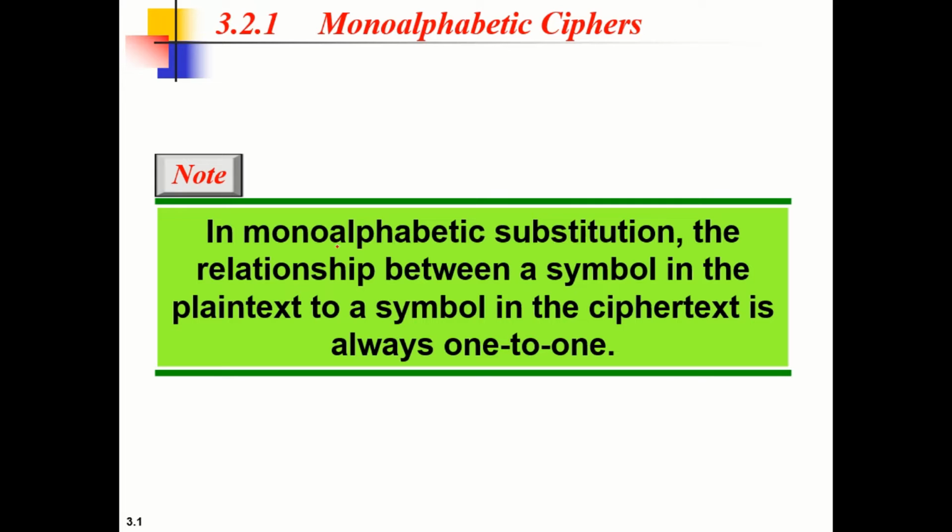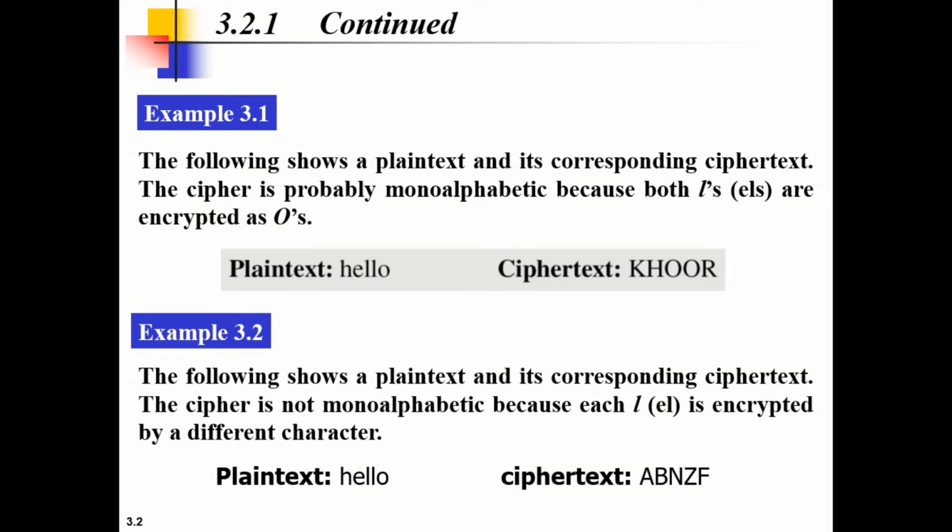So when you create the cipher text with the help of plain text, the relationship between the symbols in plain text and in cipher text will be one to one.